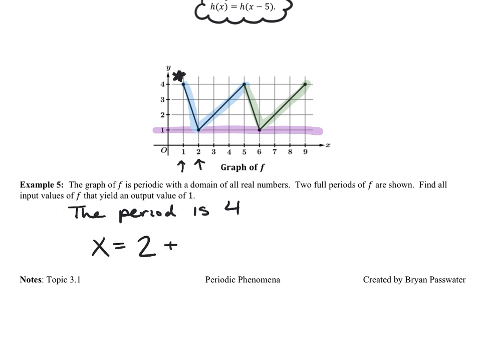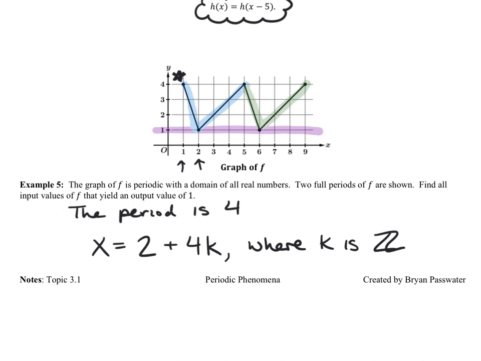So this is going to be 2 plus 4k. That's showing me that every period it repeats. But we have to be sure we explain to the reader, or explain to me, what k is representing. So you're going to say where k is an integer. And I'm going to use the integer symbol because integer has too many letters for me.